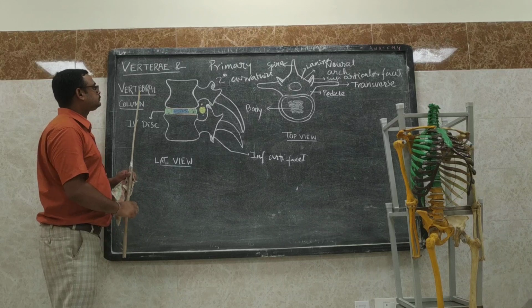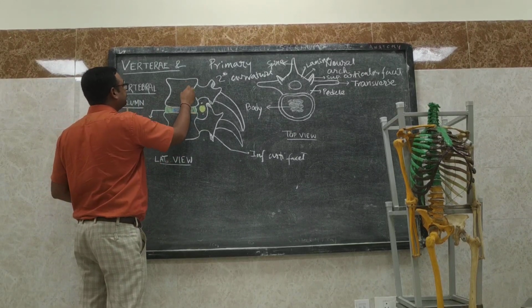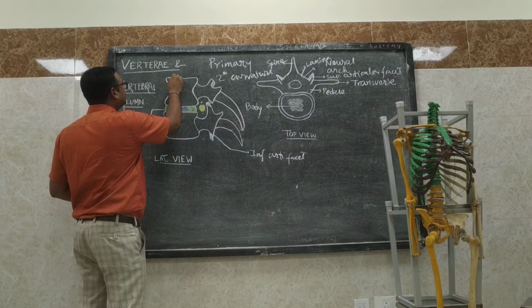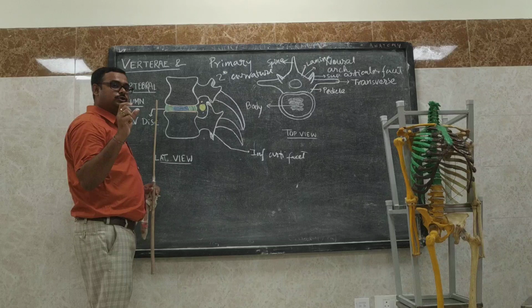Now the vertebral body, I have said that the superior and inferior surfaces are composed of spongy tissue.